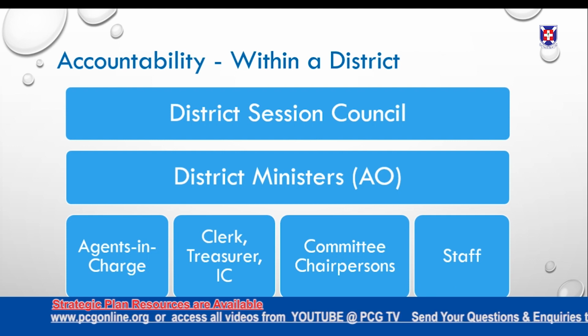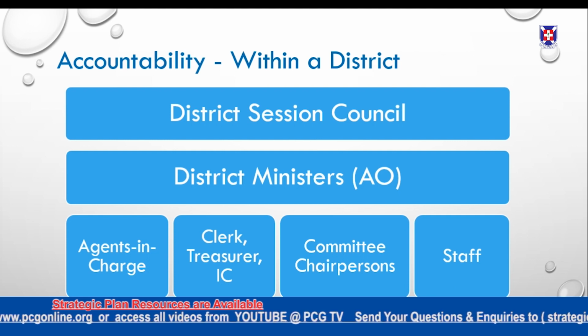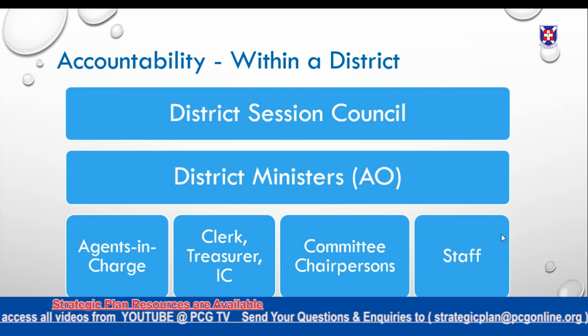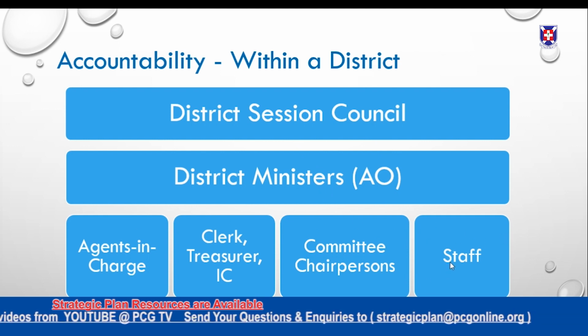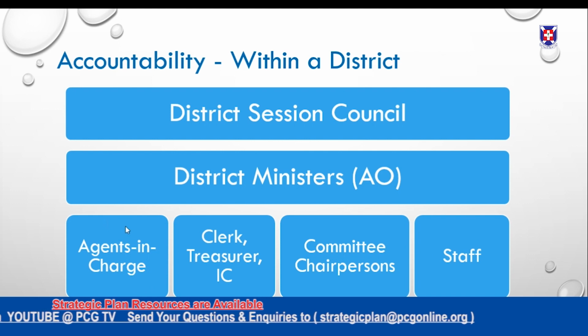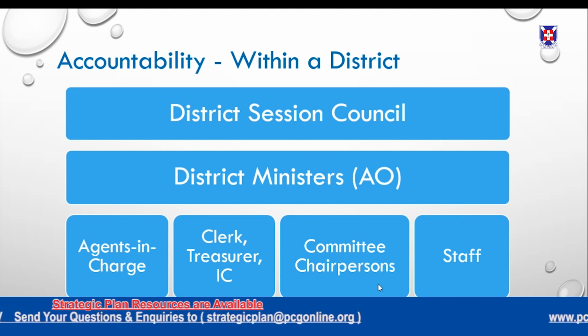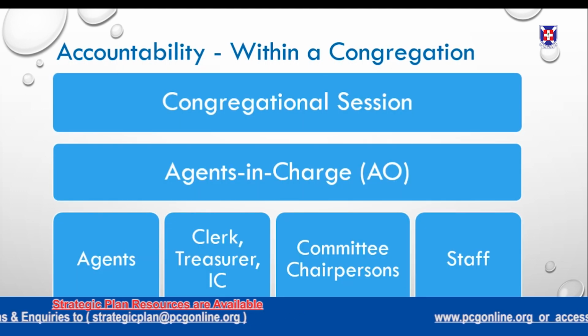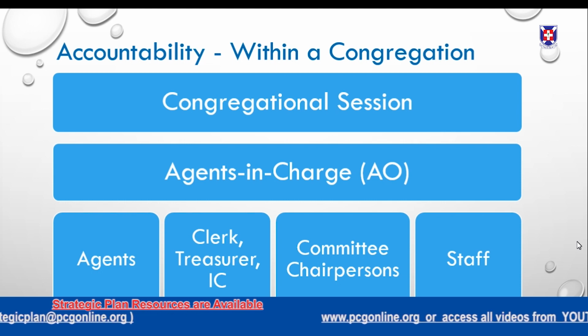It is more direct. The district session council, district minister, and its superintends all the other groups, including the agents in charge, clerks, treasurer, and now IC, committee chairpersons, and staff. The same thing applies to the congregation. It's similar to the district.